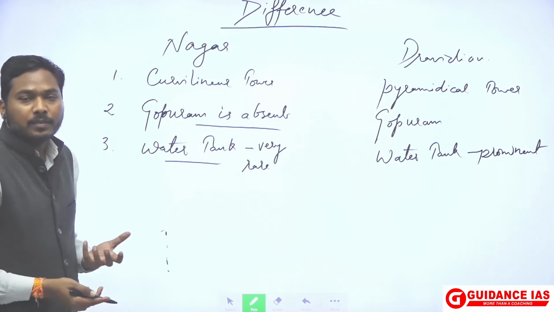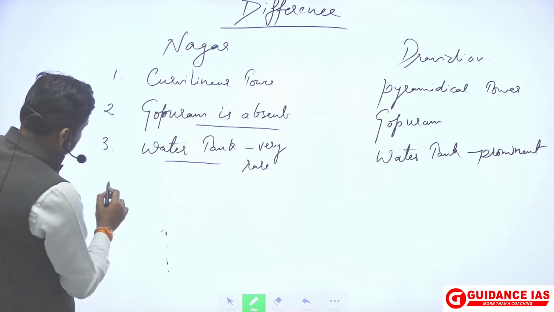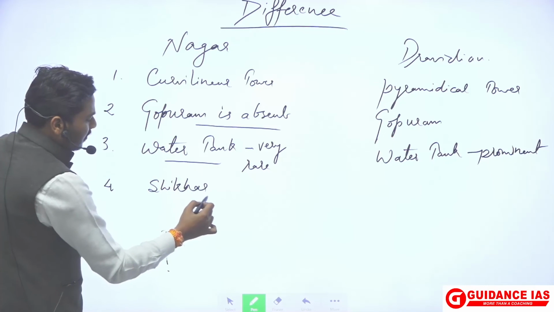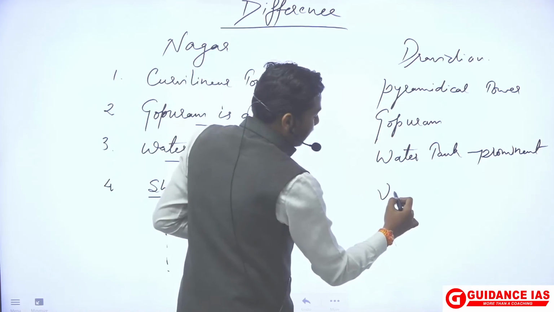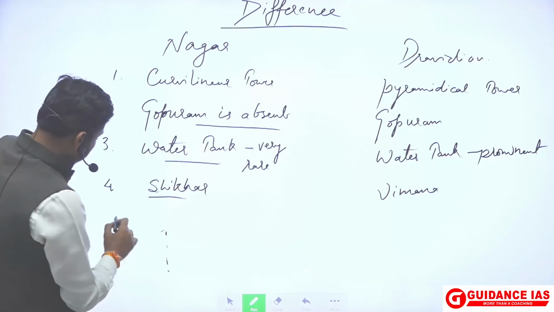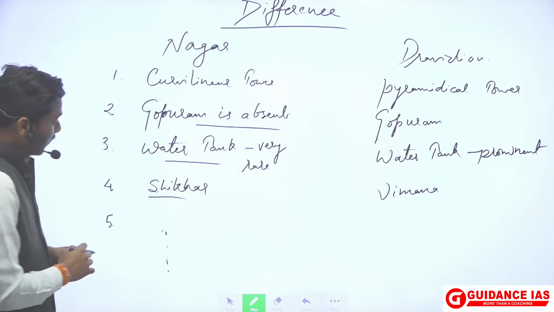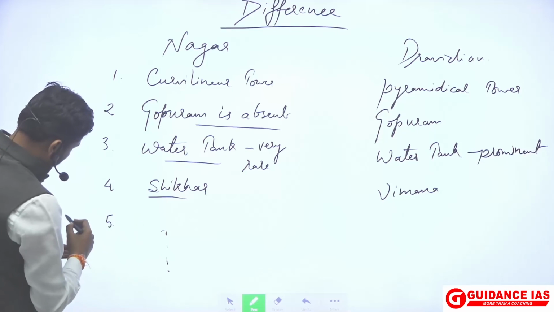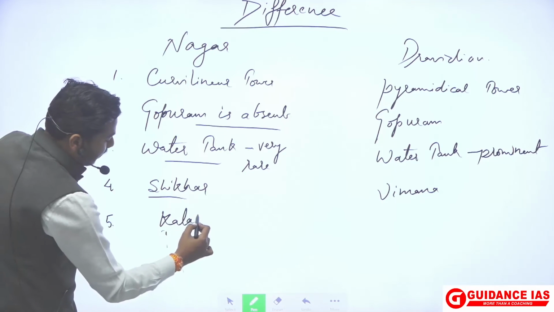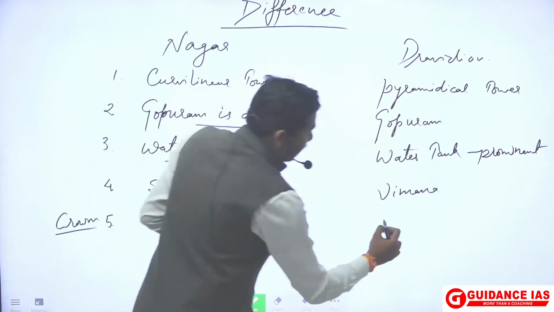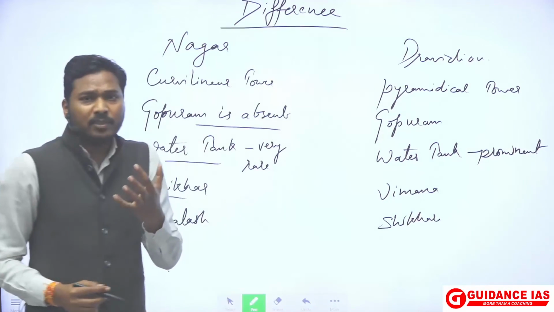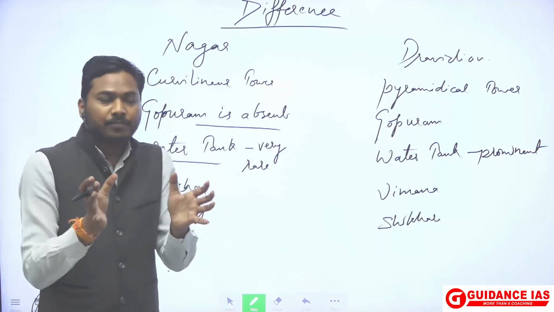Shikhar and Amlak we have discussed, where it is called Shikhar. In the Dravidian style, it is called Viman. Clear? Fifth, the crowning element. The crowning element is called Kalash here. In the Nagar style, it is called Shikhar. Clear? That is certain architectural differences.